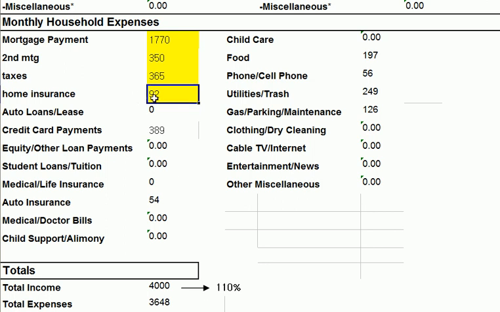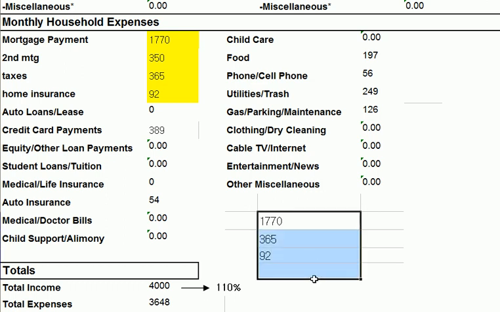Why am I writing this here? Because if you don't have escrow on your first mortgage payment, meaning your taxes and insurance are not included in your first mortgage payment, the new loan modification approval will include the taxes and the insurance in the new payment.